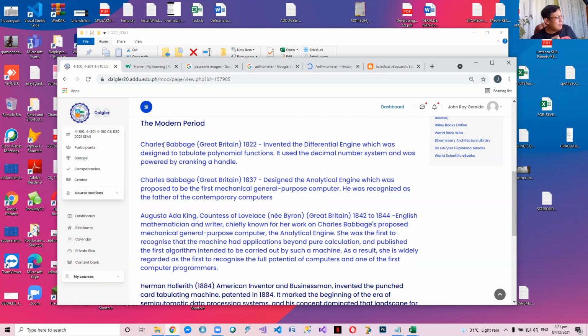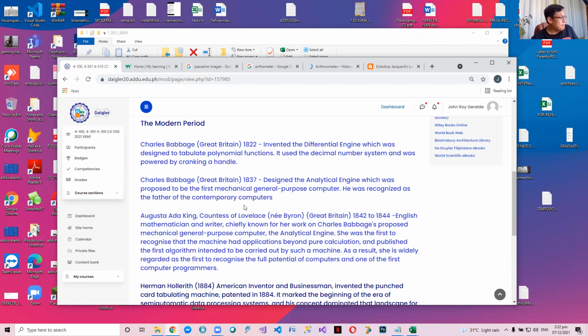Now, aside from the machine itself, another important invention came in the 1800s, by Ada King, Countess of Lovelace. Augusta Ada King is a Countess of Lovelace in Great Britain. She was an avid follower of Charles Babbage.